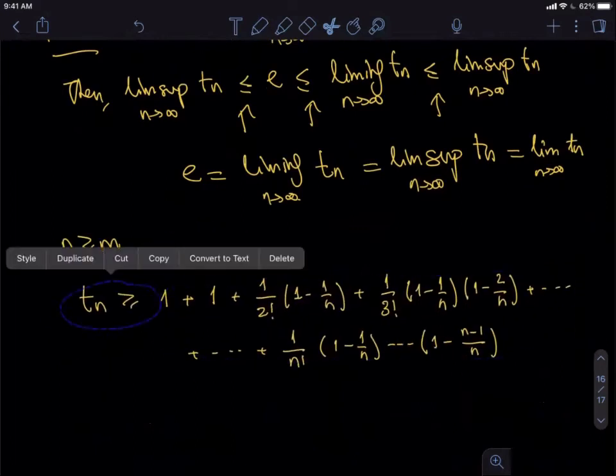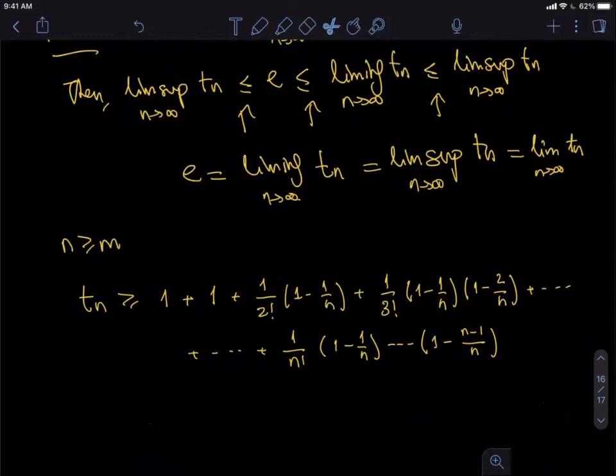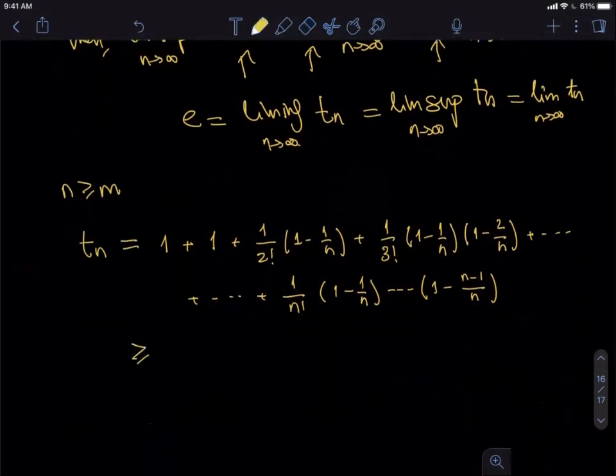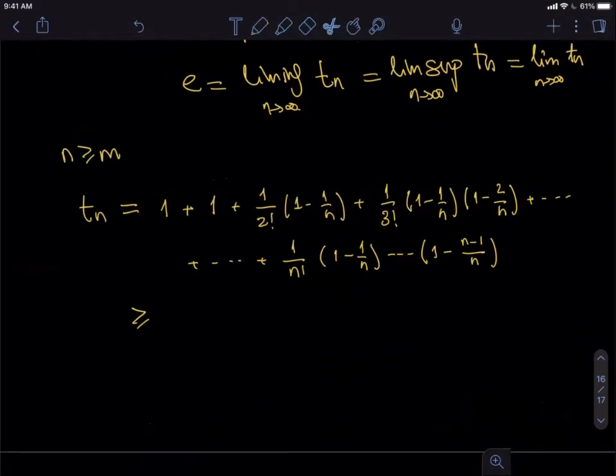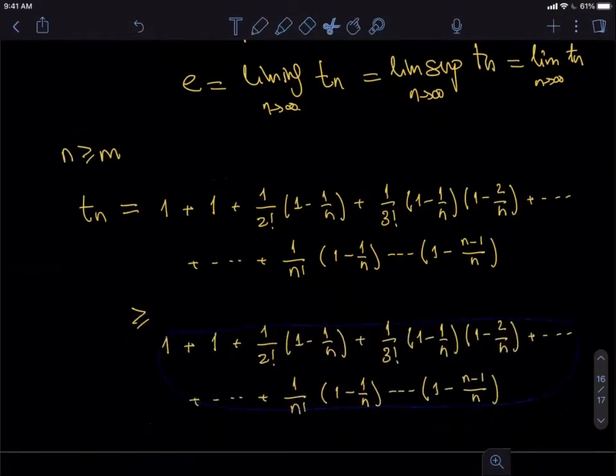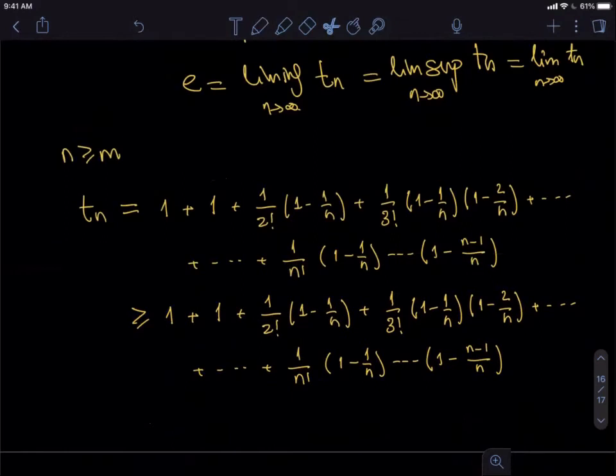This Tn is actually an equality, sorry. This is bigger or equal than if I just cut it off and stop the sum earlier. Instead of going all the way to n, I'm going to stop at m.